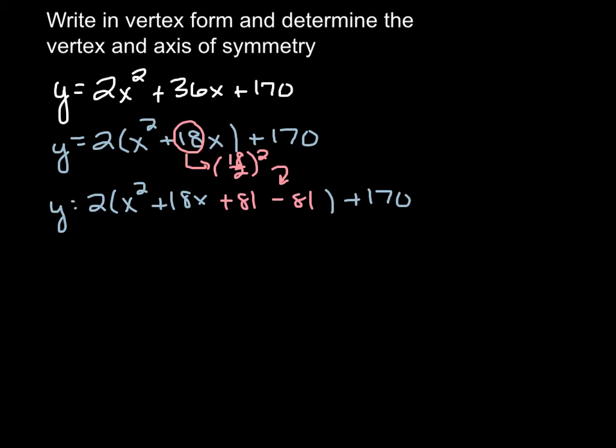Now I want to group these together. This is what I want to work with. So I need to get the negative 81 out. The only way I can get that out is if I multiply it by this 2. So 2 times negative 81 is negative 162.